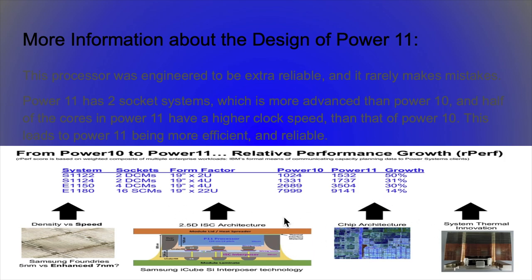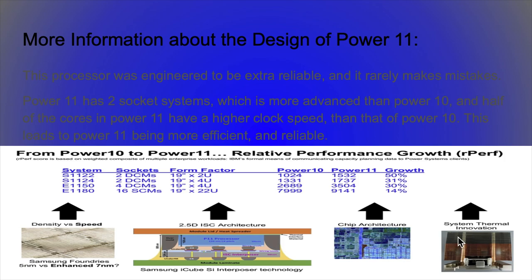Here are some specific factors that were increased, such as density was increased, spread was also increased, and the chip architecture was made to be better, more reliable. As for thermal innovation, the Power 11 is made to withstand complex, very hot scenarios.